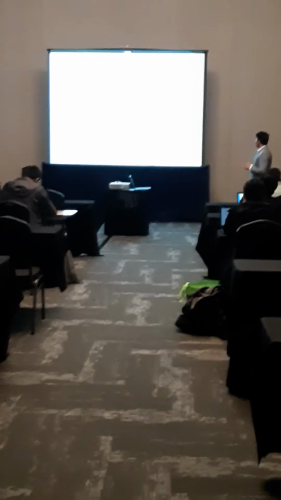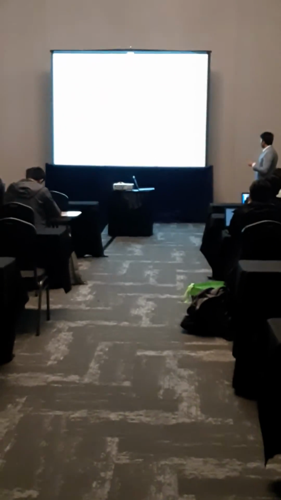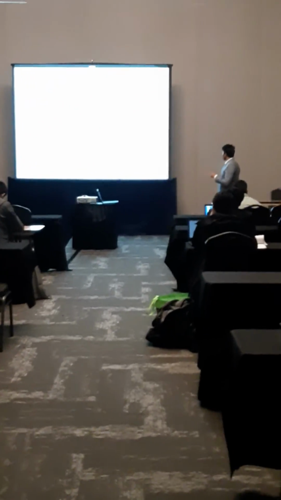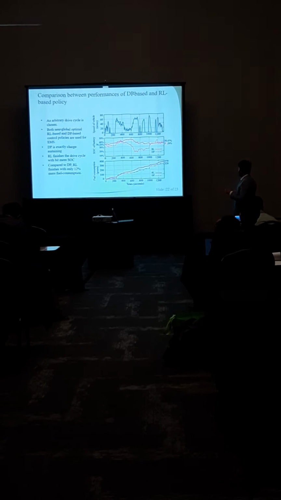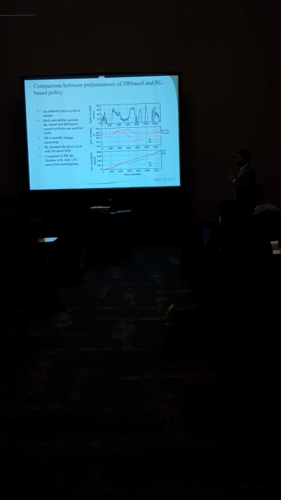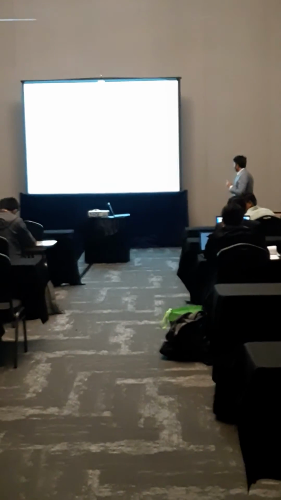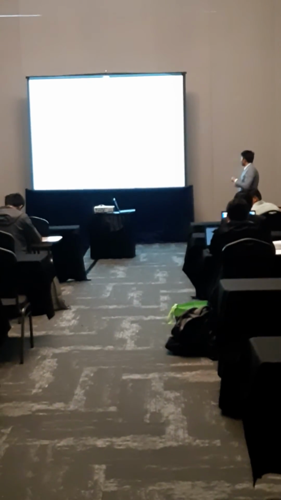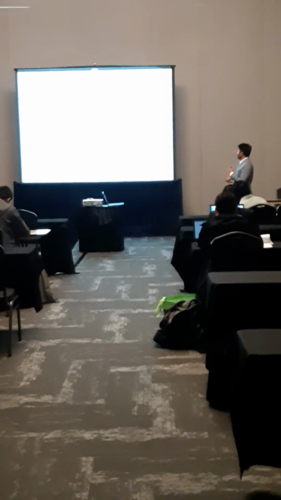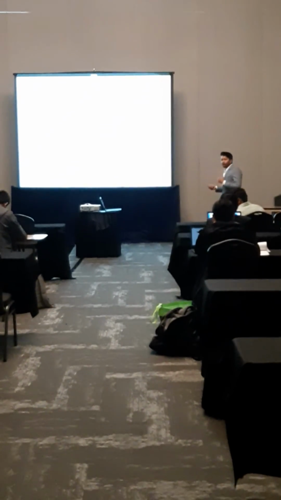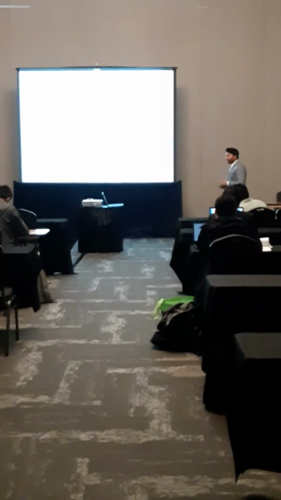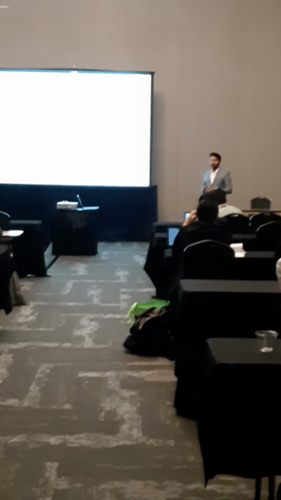In our case, the DP, which is the dotted one, ends the cycle at 36.22%, whereas RL ends the cycle at 38%, and fuel consumption is about 12% higher than the DP. So we can say that the RL is a near global optimal solution.